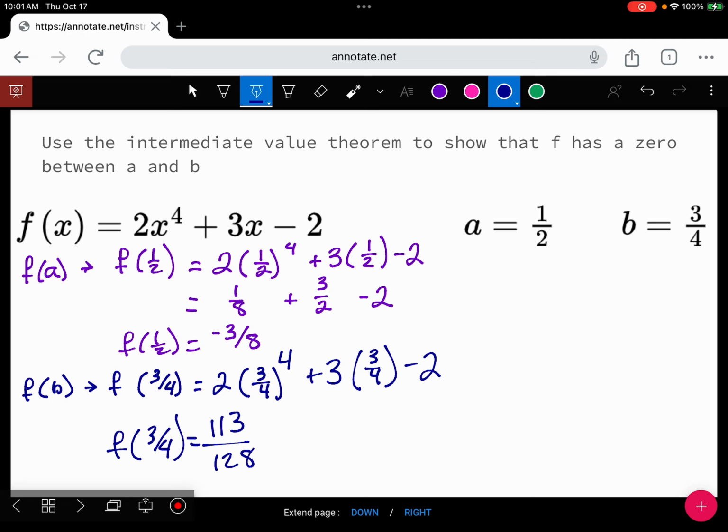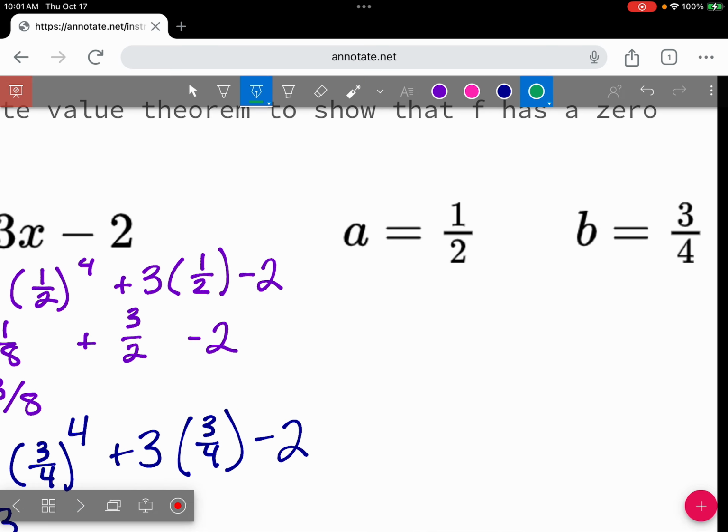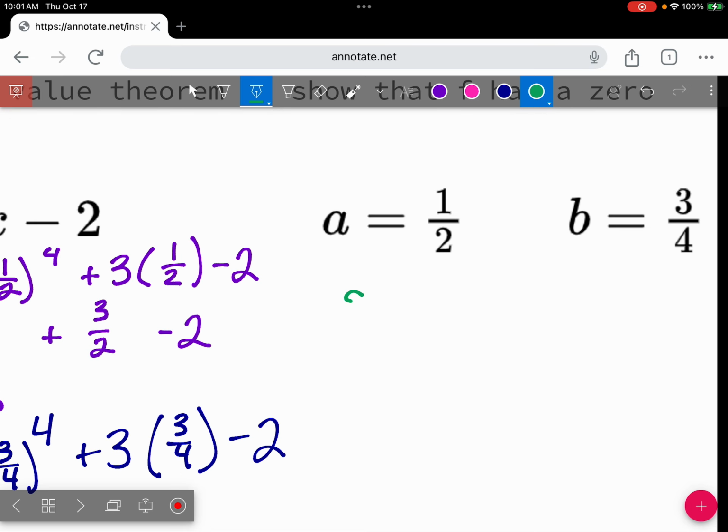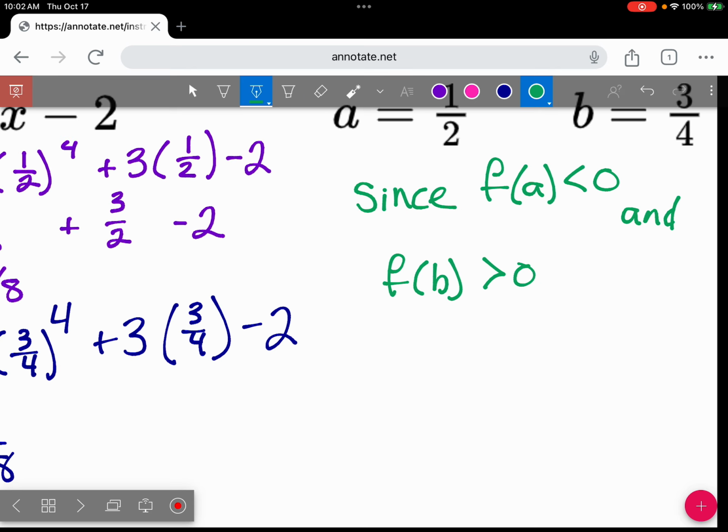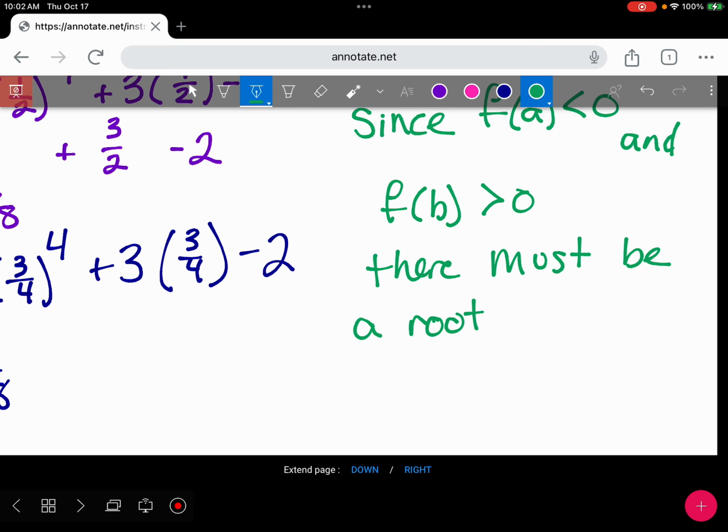So are we going to have a root between these two values? Yeah. Why? Because I have a negative value here and a positive value here. So somewhere in between there has to be a 0. So the way we say this to show that we have a 0 here is since f of a is less than 0 and our f of b is greater than 0, there must be a root between a and b.